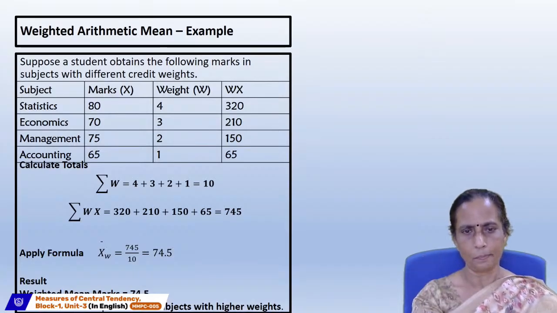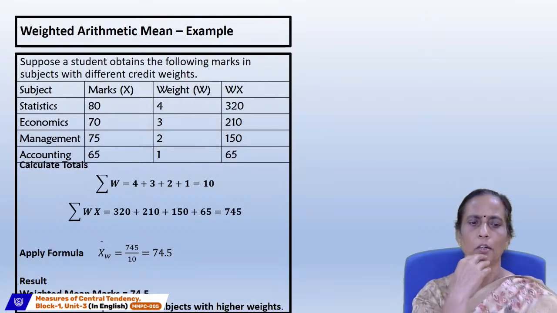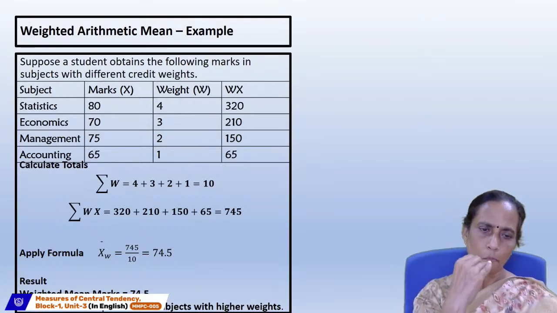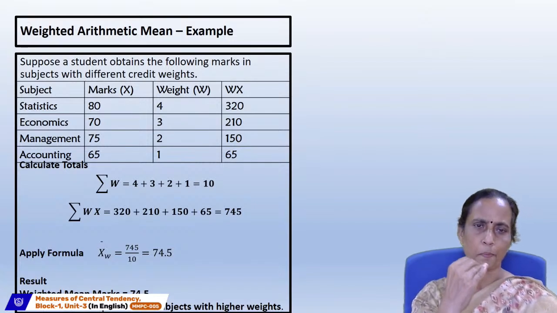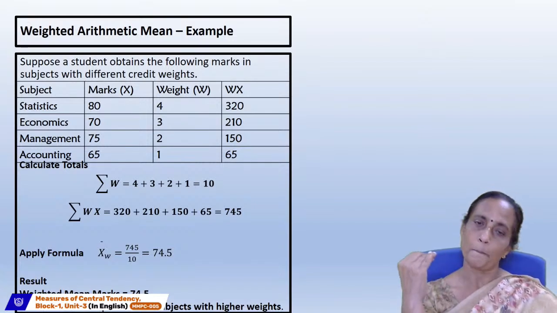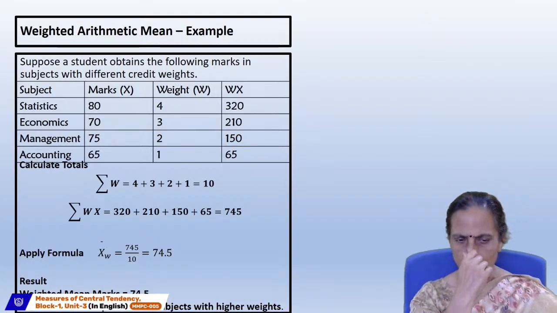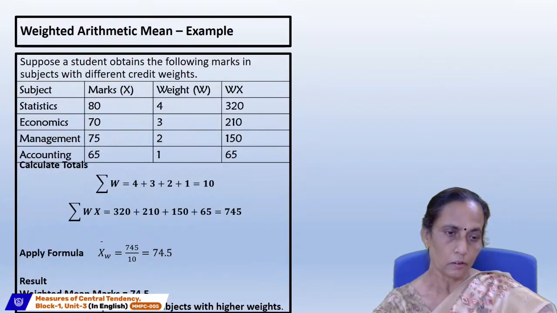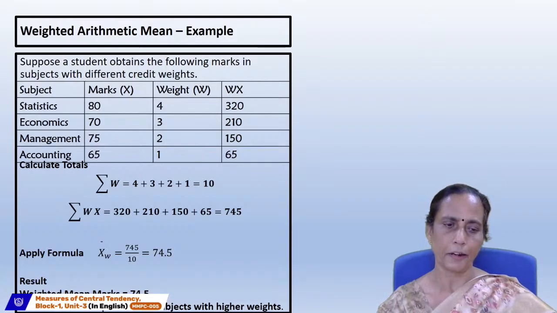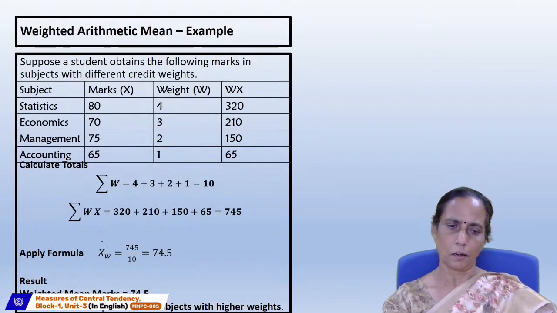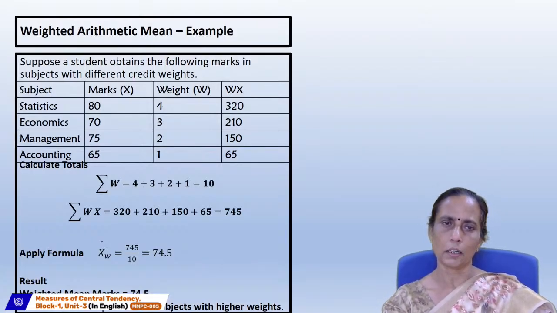Adding up, it will be 745. So your weighted mean marks will be 74.5, which is your CGPA, you may say. This reflects the importance of subjects with higher credits.